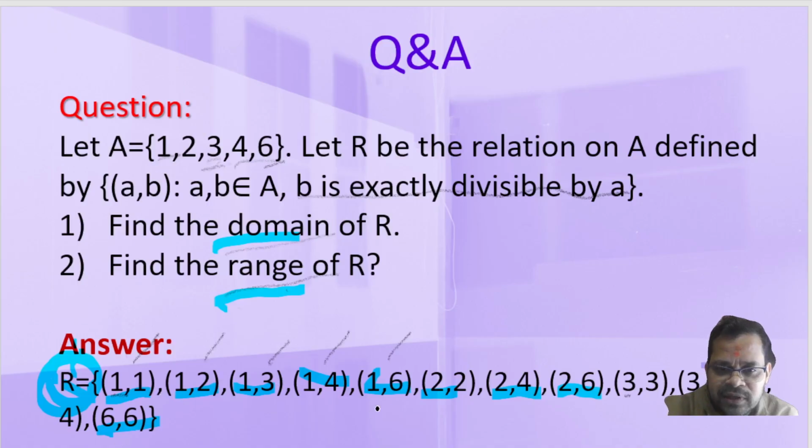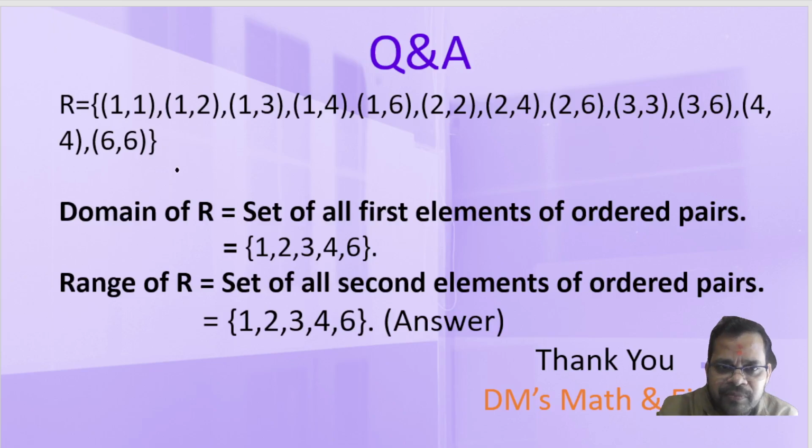The set of all first elements of the ordered pairs is 1, 2, 3, 4 and 6. This is the domain. And what is the range? All the second elements of the ordered pairs: 1, 2, 3, 4, 6. All these numbers are just getting repeated. So 1, 2, 3, 4, 6 is the range. The domain and the range are both the same here.